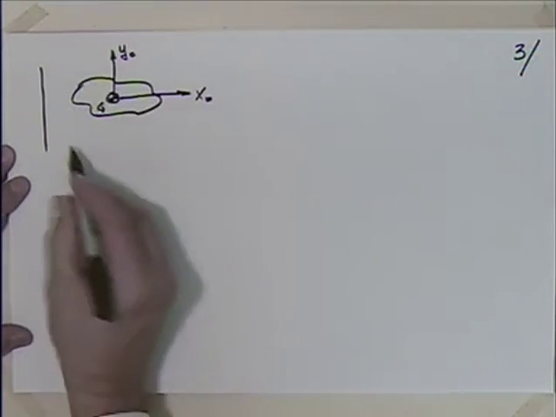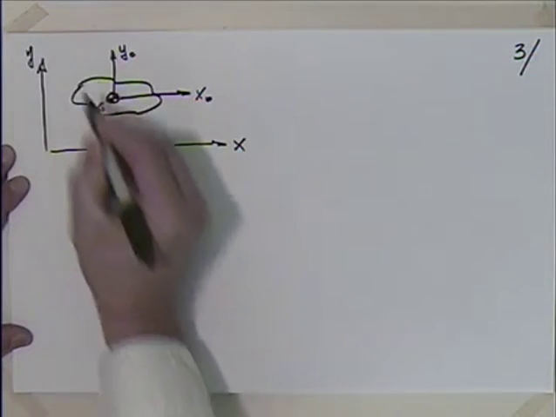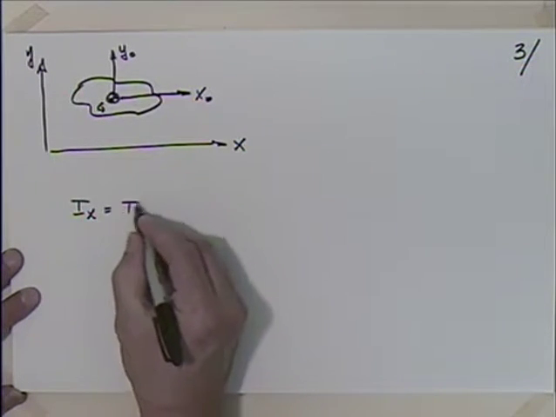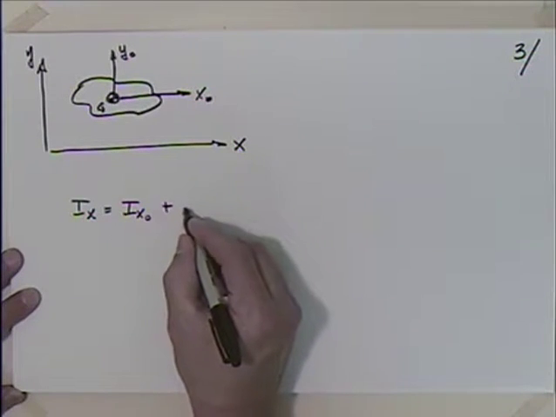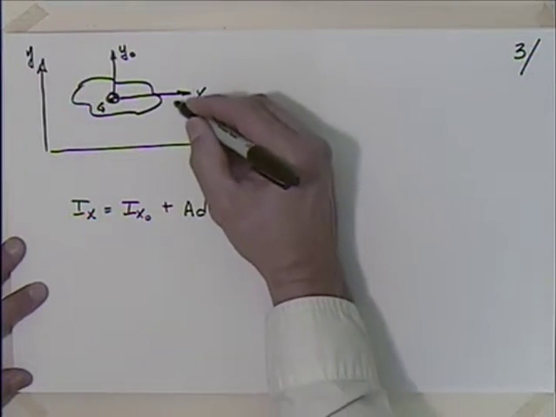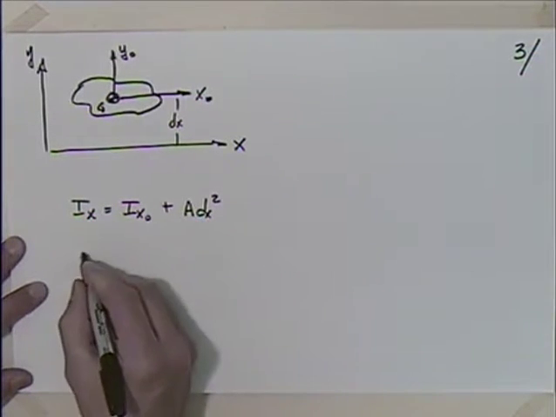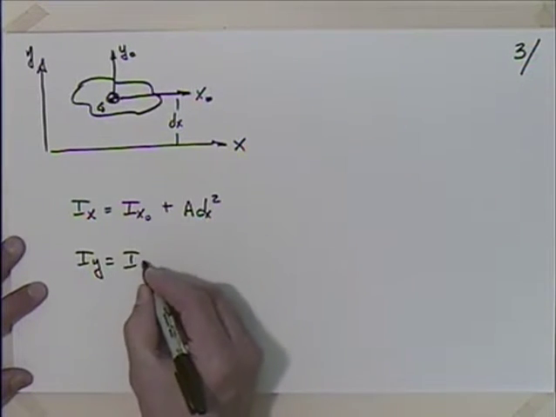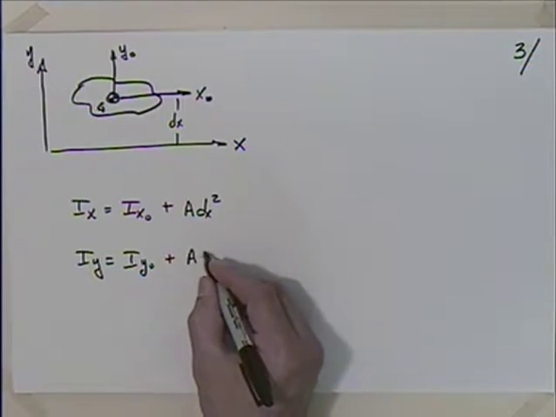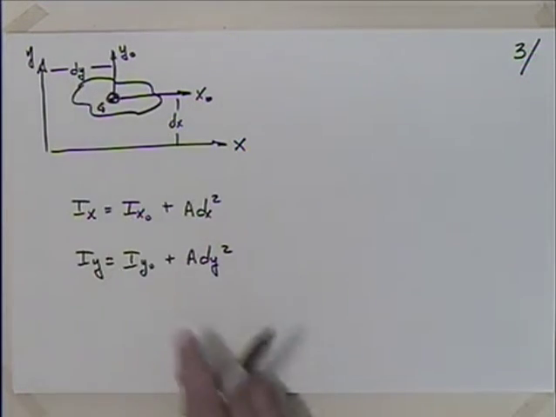Then I'm going to look at some coordinate system x and y. I about x would be equal to I about x naught plus the area of this thing times the distance, we'll call this dx, squared. Likewise, I about y would be equal to I about y naught plus the area times dy squared.